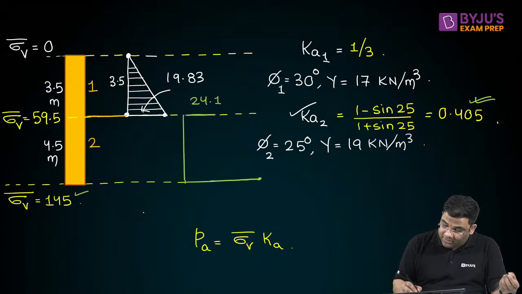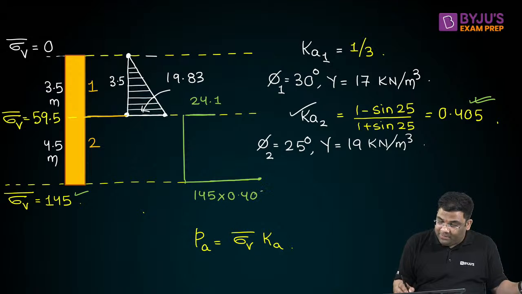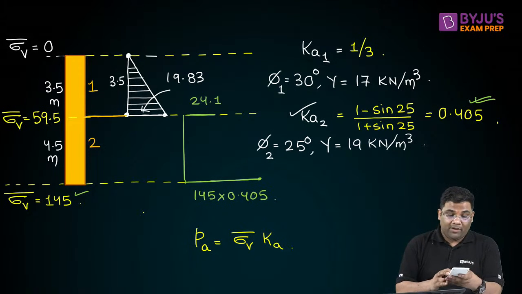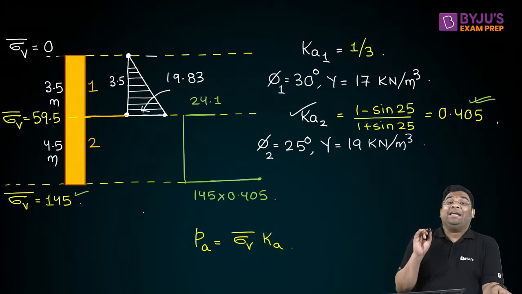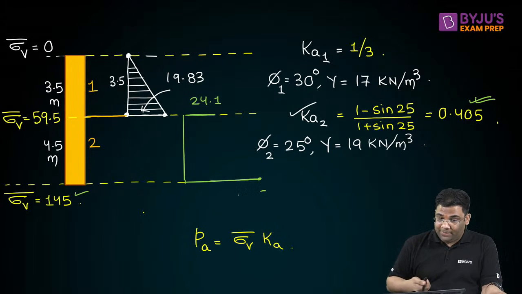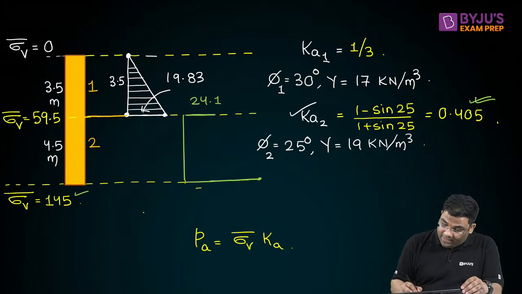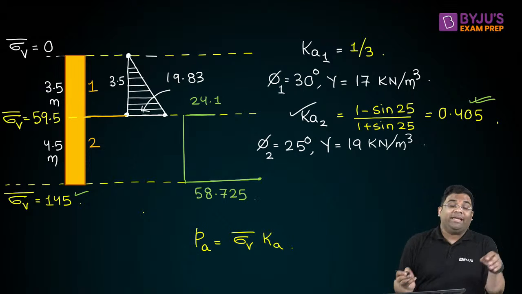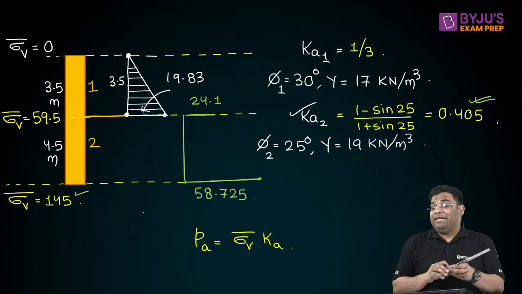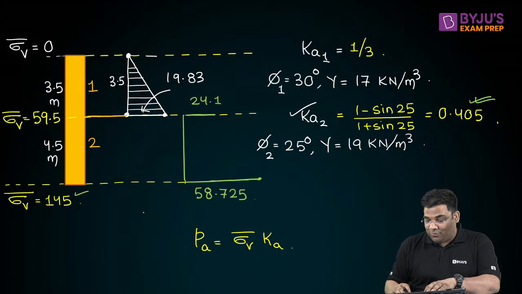So this will be 145 into 0.405, giving me a value of 58.725. So you see, drawing the distribution is so easy.